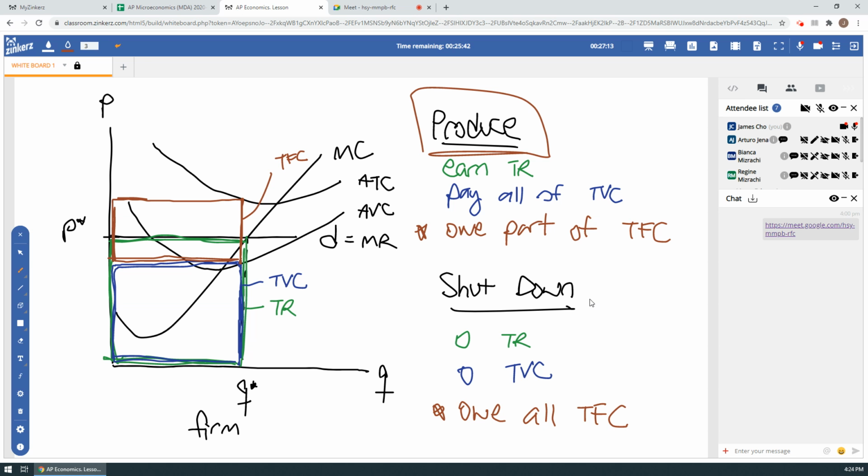Okay, and just to go back to a point that we looked at before, look at this carefully. From here, all the way up to here. What does that length represent? At my Q star, what curve did I take that up to?